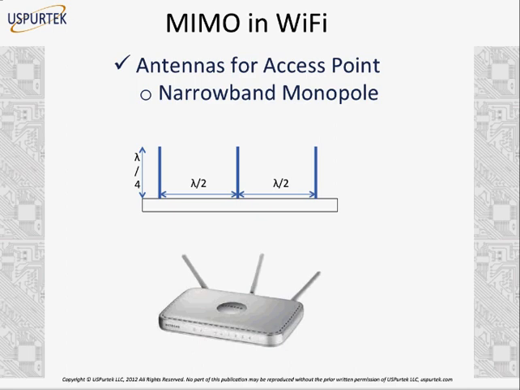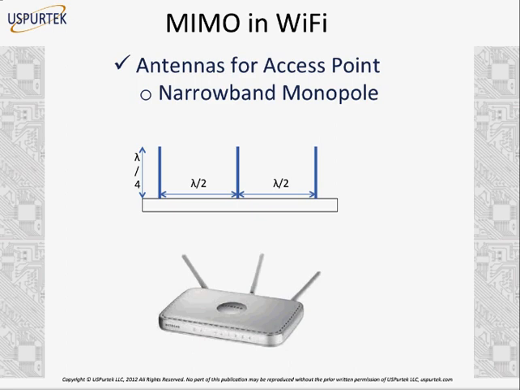Have you seen a narrowband monopole implementation? You must have seen some routers which have at least 2 or 3 antennas. Two antennas is very common, but they have started coming with 3 antennas too. That is actually MIMO, and it comes with the N version.